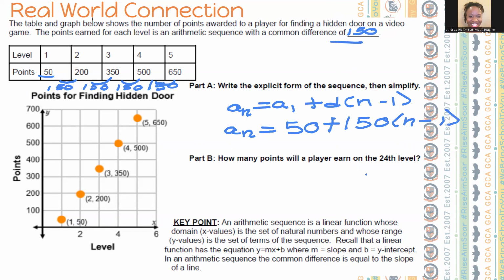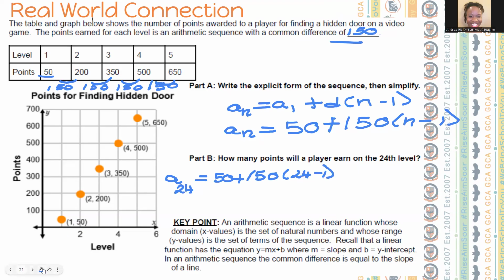How many points will a player earn on the 24th level? So that means I'm going to say a sub 24 equals 50 plus 150 times, instead of saying n, I'm going to say 24 minus 1, because they told me what they want n to be.